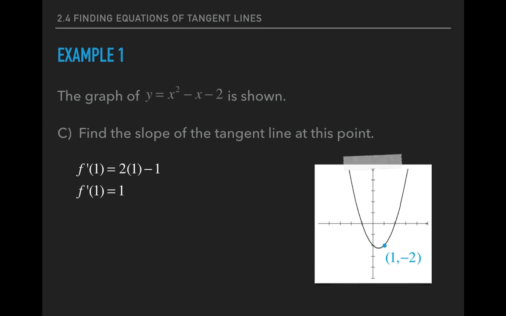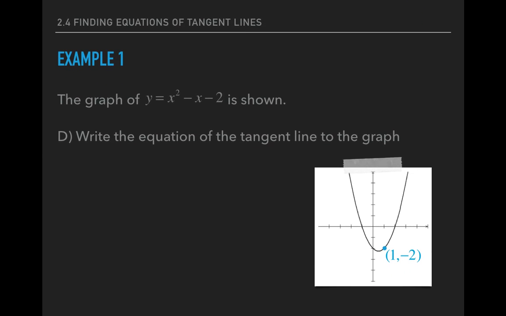But we want the equation. So how would we go about finding the equation of the tangent line? Well, we know the slope and we know a point, and so we'll use point-slope form. We'll substitute in the point, the y value and the x value, as well as our slope, simplify, and solve for y.